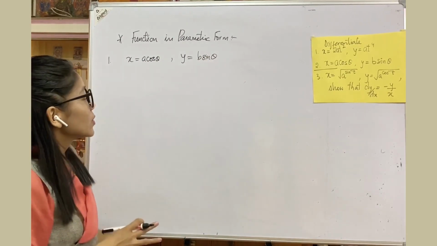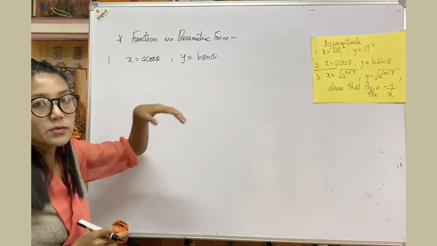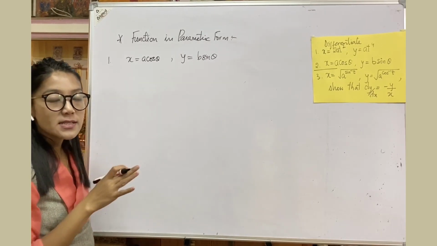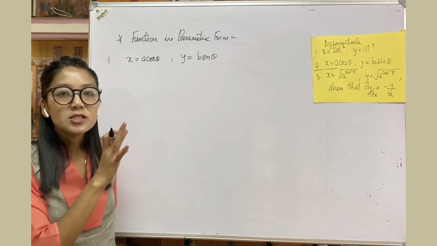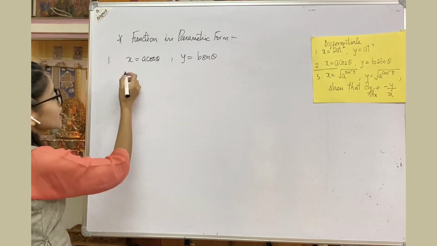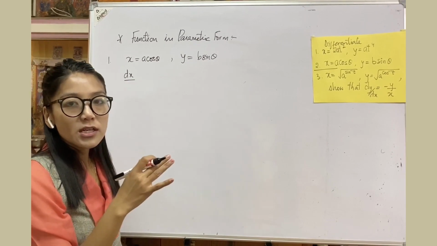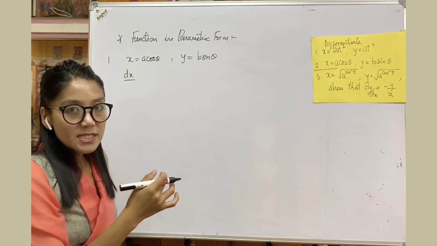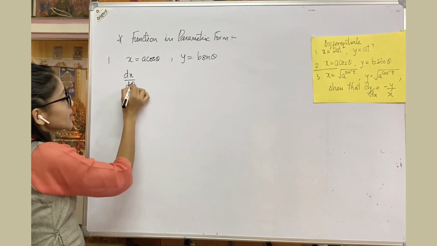Now a and b are constants, and your third variable is theta. That will be specified. So we have to find out dy by dx. At this time, you do know that dy by dx is dy by dt upon dx by dt, so I'm not going to write it over here. Directly I will find out dx by... Earlier, since our third variable was t, we found dx by dt. But here our variable is theta, so I will write dx by d theta.